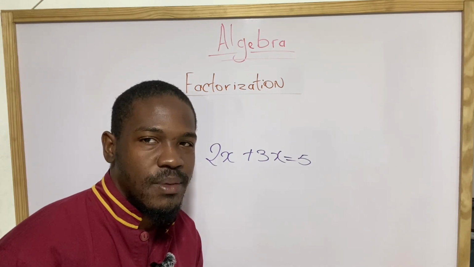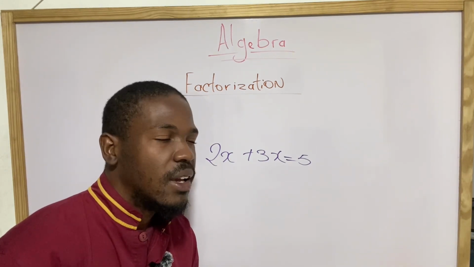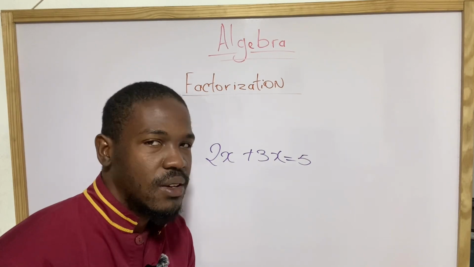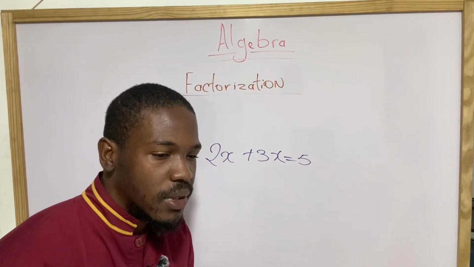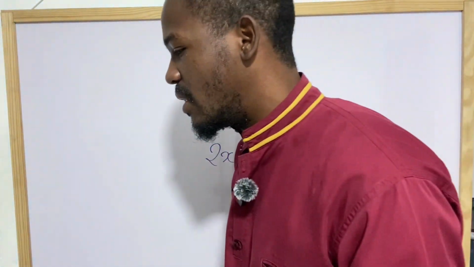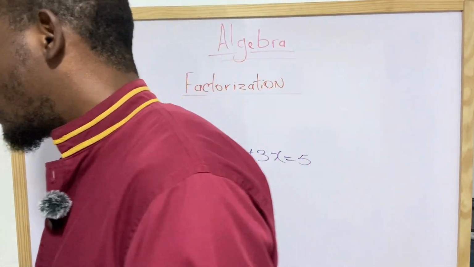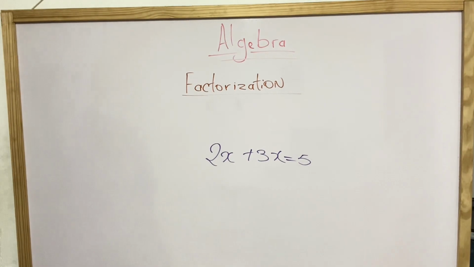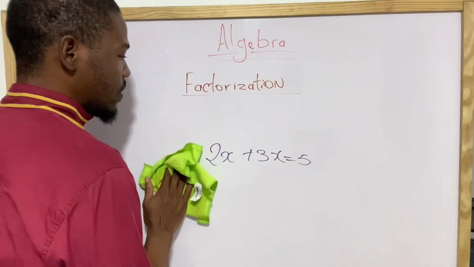Once there is a presence of an equal sign, it now becomes an equation. Okay, but those are basic lessons. We can do that in another video, but for now I really would like to talk about factorization.